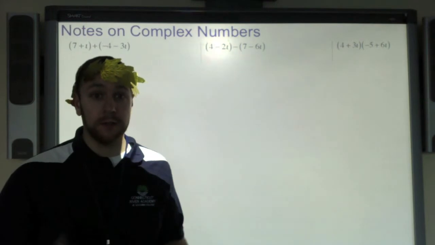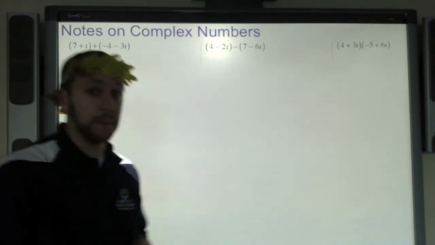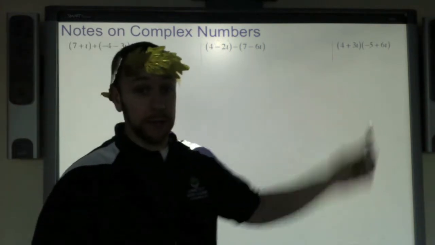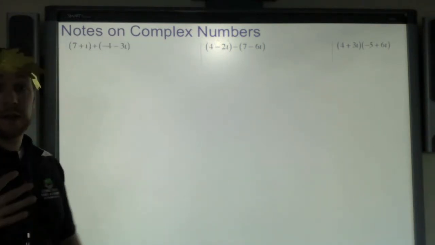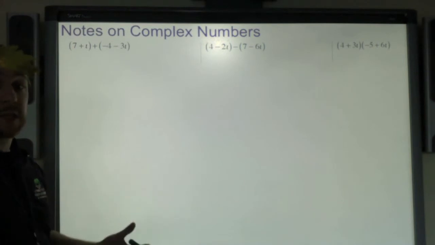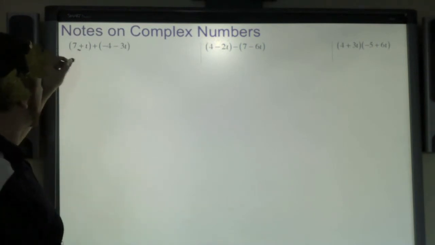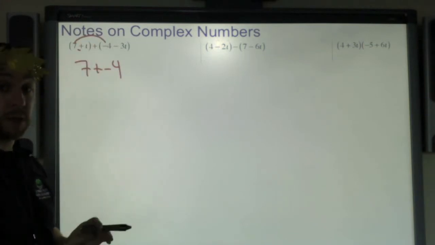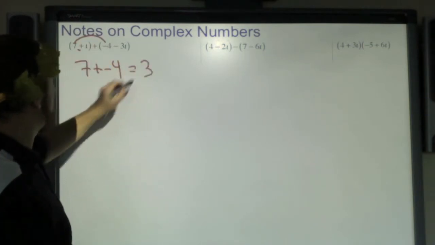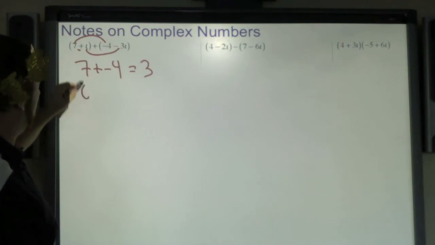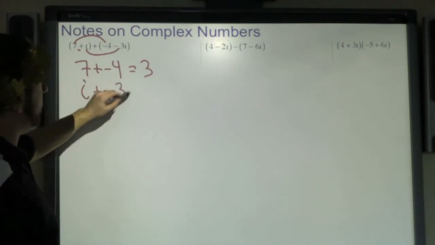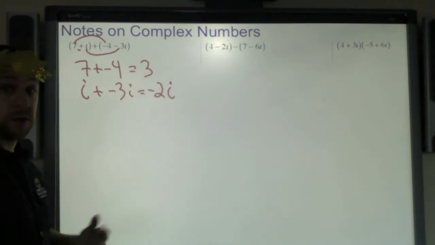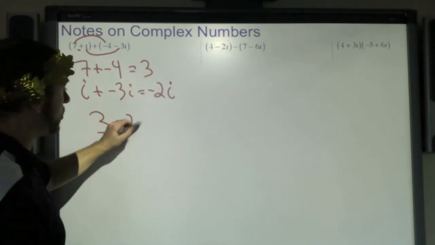My final operations with complex numbers or imaginary numbers are adding, subtracting, and multiplying. Adding and subtracting are just combining like terms. 7 plus negative 4, because those are the numbers with no i's, so that's 3. i plus negative 3i, that equals negative 2i. So my answer is 3 minus 2i.